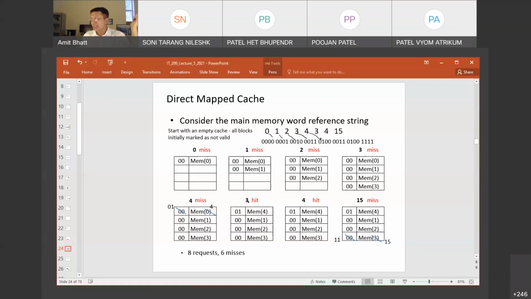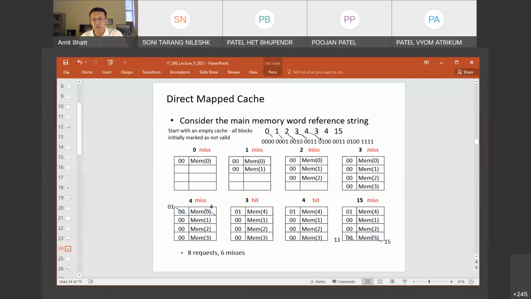Now you want 3 again. Thankfully, it's a hit because 3 is already there, sitting here. So your program is very happy, and your processor does not have to wait. Then you want 4. Again, it's a hit. But then suddenly you had a go to statement which says go to 15, so it is 1111. In location number 11 there is something, but the tag is different.